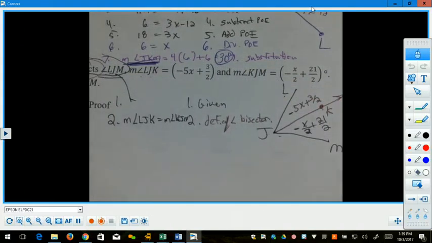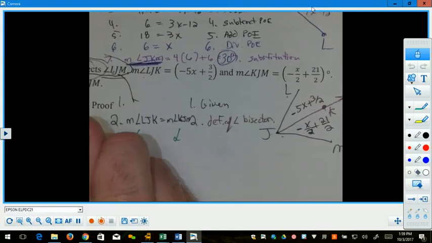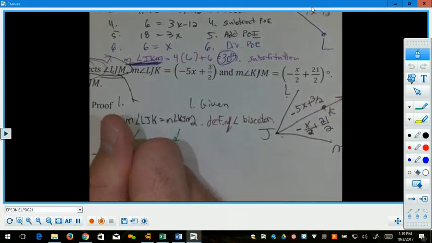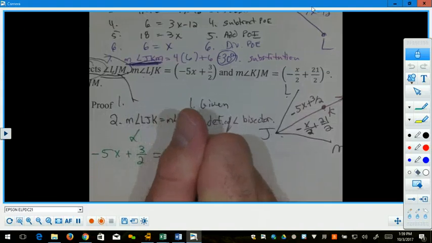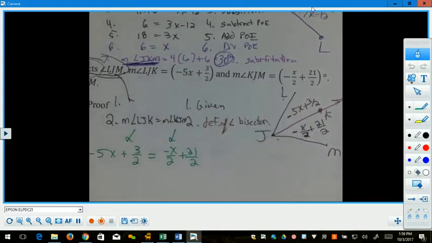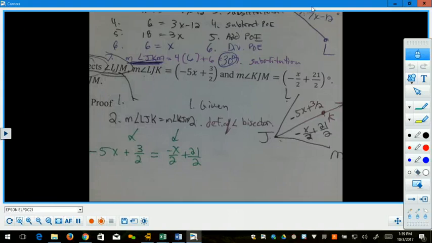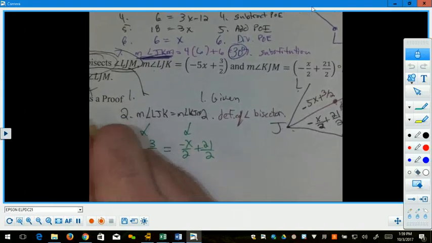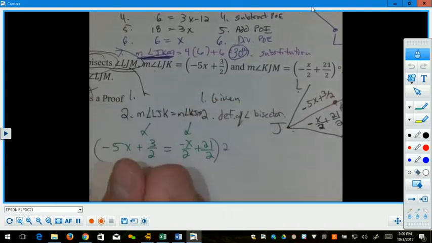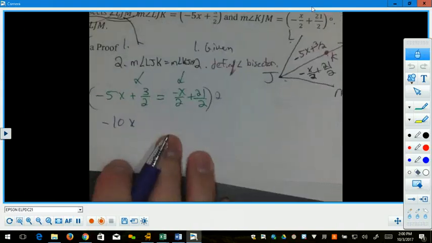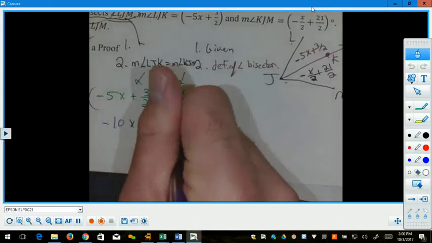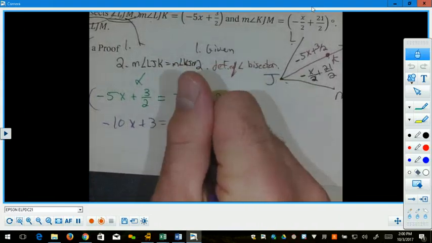At this point I would plug in, and I'm going to stop writing it as a proof just so we can solve it quickly. Negative 5x plus 3 halves equals negative x over 2 plus 21 halves. We've done that by substitution. All right, we don't like that there are fractions, so we're going to multiply everything on both sides by 2, giving us negative 10x plus 3 equals the opposite of x plus 21.